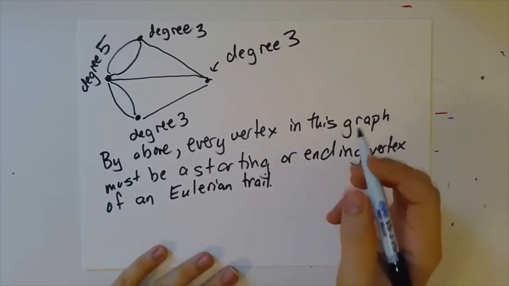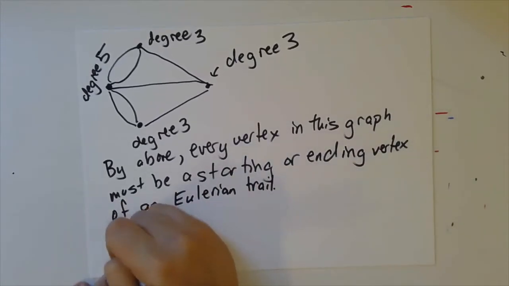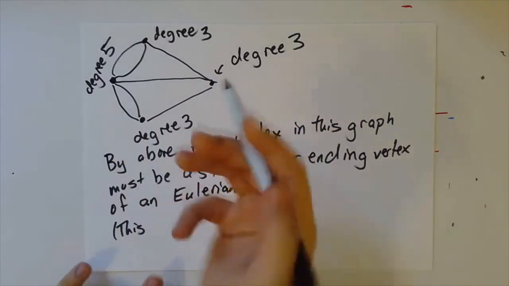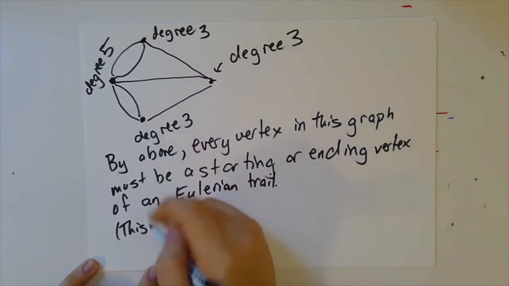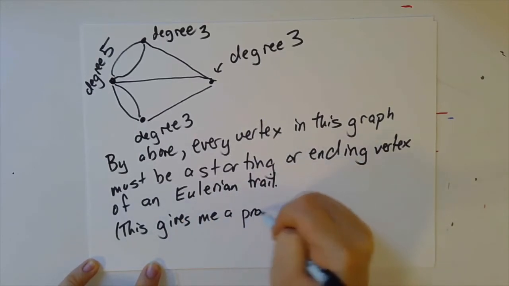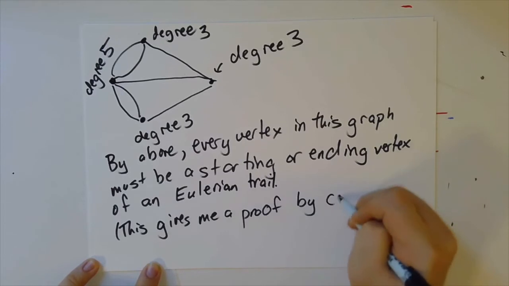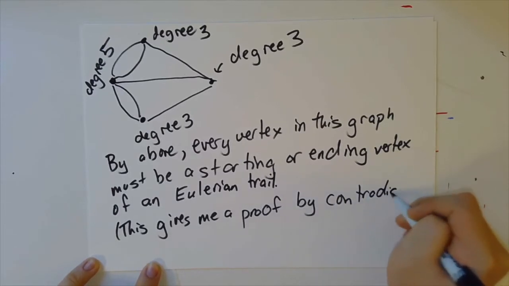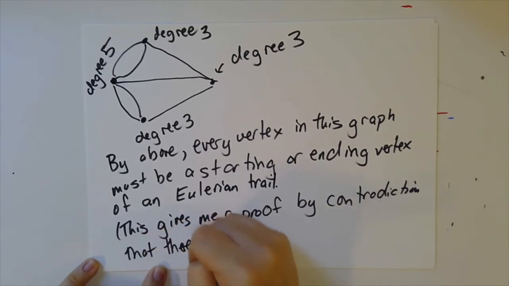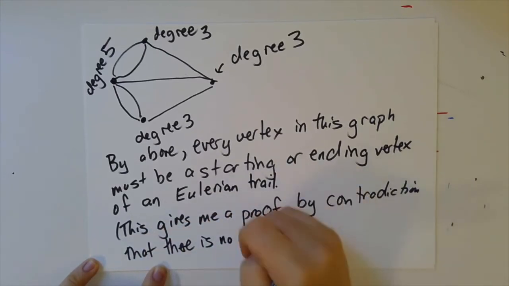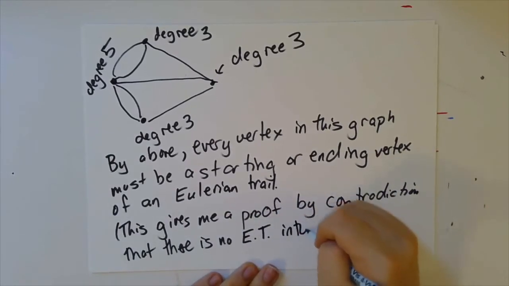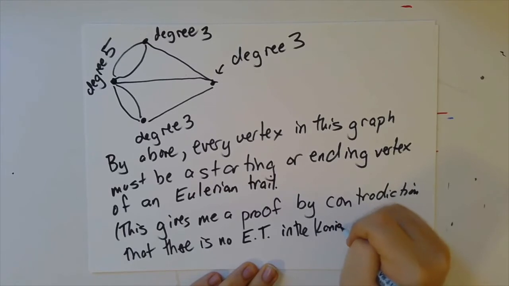And so this gives me a proof by contradiction that there is no Eulerian trail, which I'm just going to abbreviate as ET, in the Königsberg graph.